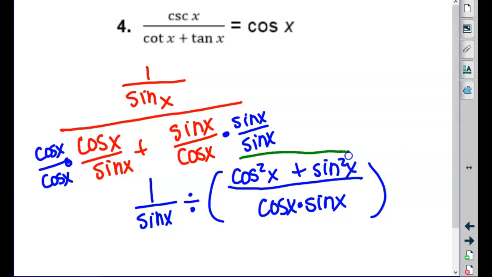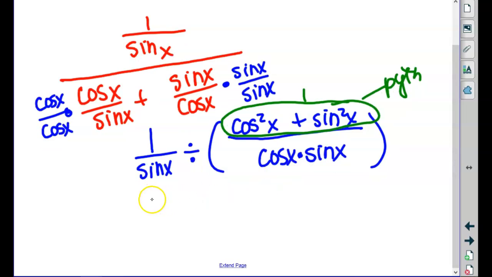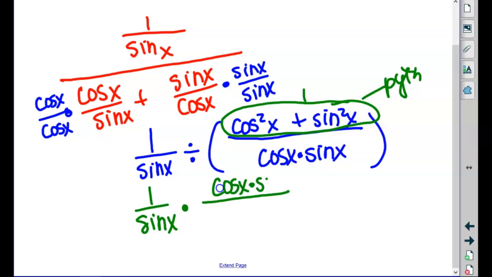Okay, this is a Pythagorean identity and trades out to be 1. And then we could rewrite divide as what? Multiply by the reciprocal. What's left?